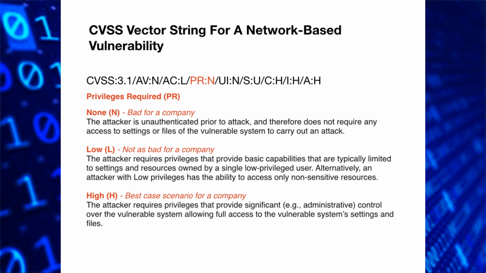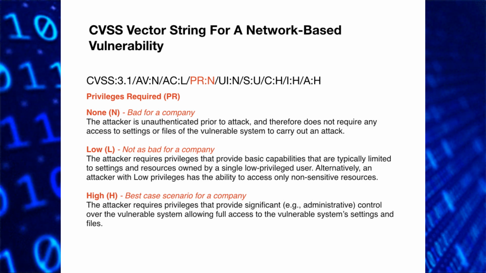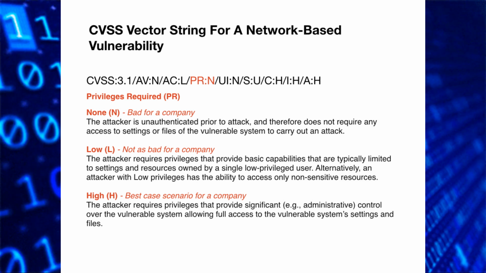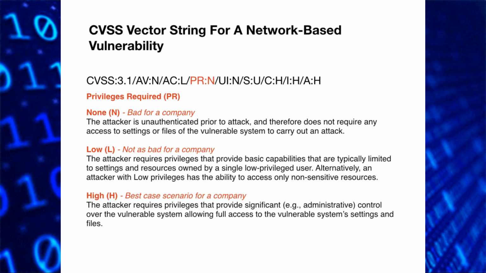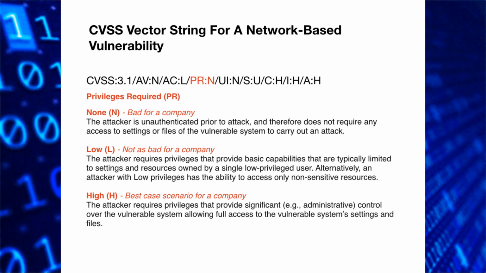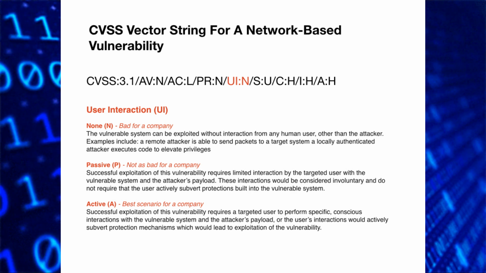Alternatively, an attacker with low privileges has the ability to access only non-sensitive resources. The H stands for high, which is the best-case scenario for a company. The attacker requires privileges that provide significant, e.g., administrative control over the vulnerable system, allowing full access to the vulnerable system's settings and files.